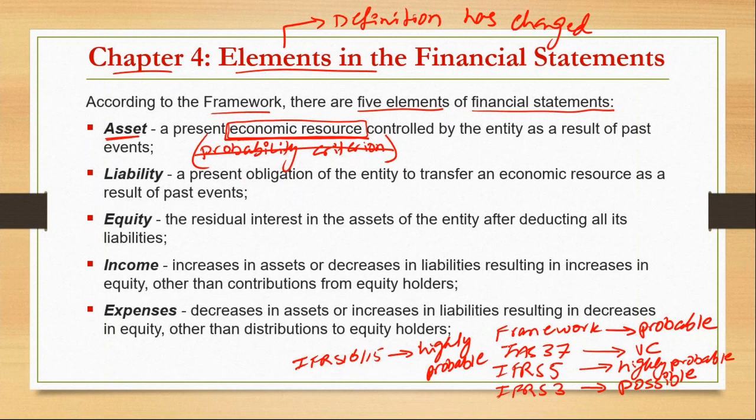So all these standards are actually contradicting with the framework. The framework is the only one saying probable. Everyone else is saying either highly probable or virtually certain, and IFRS 3 is saying possible. So to remove this contradiction, the IASB board actually removed the probability criterion from the definition. Rather than updating so many standards and changing those, they changed the framework.